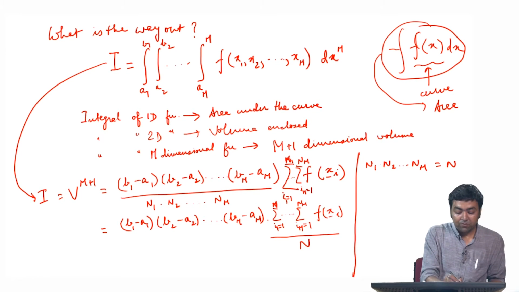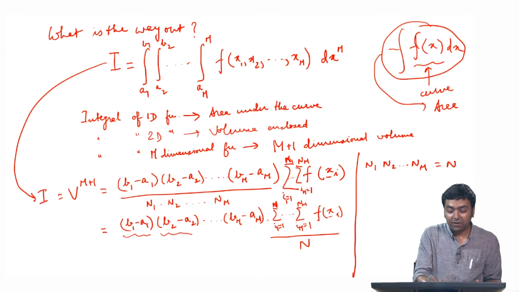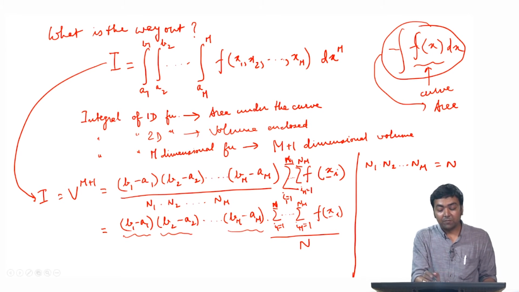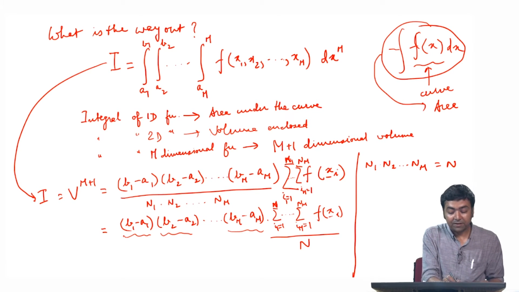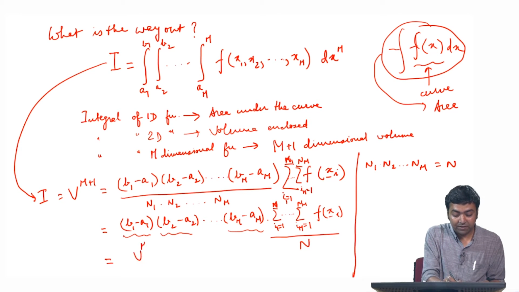If I look at these terms, the product of the lengths along each dimension is nothing but the volume enclosed by the sides b 1 minus a 1, b 2 minus a 2, and b 3 minus a 3. So, I write this as V m.